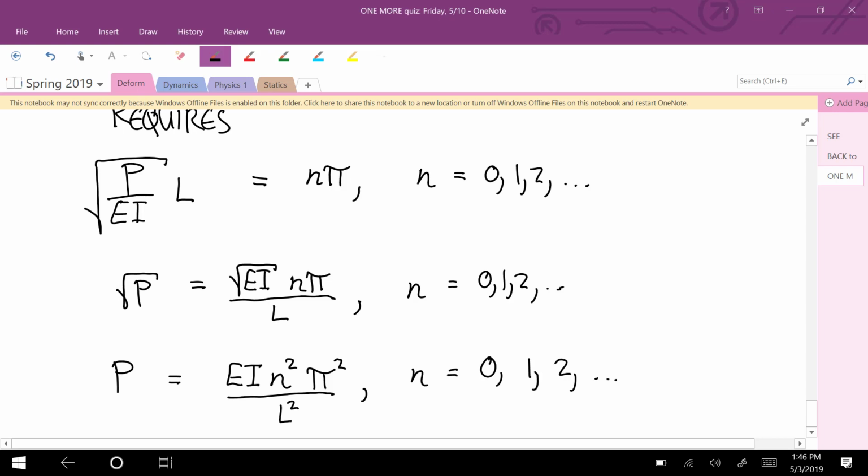Well, there's one last thing to do, and that is notice that when N is equal to 0, we get the trivial solution, no load, no deformation, and so we'll get rid of this one.